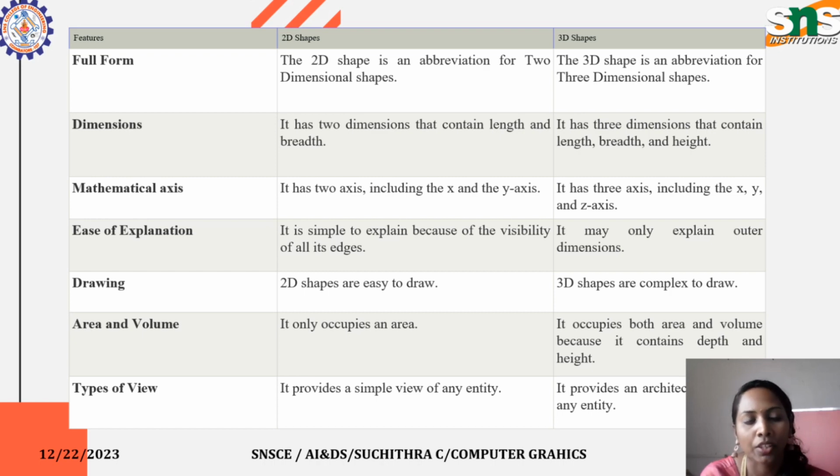Area and volume: in 2D, it occupies only area, but in 3D, it occupies both area and volume because it contains depth and width. Type of view: 2D provides a simple view of any entity, but 3D provides an architectural diagram of any entity. Okay, now the entire topic about 3D viewing will be explained by my students.